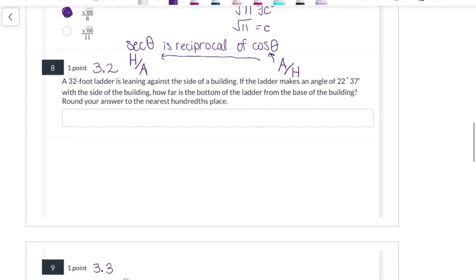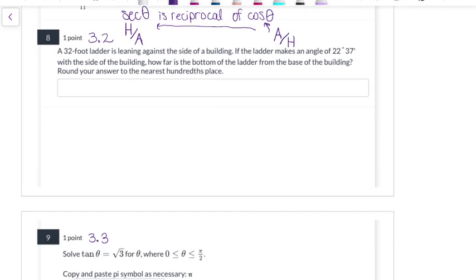Cruising right along. We have a ladder. You get to see my awesome artistic abilities here, very much sarcasm. Here's the ground. Here's the building that it's leaning against. Put some windows in there. Aren't they beautiful? The ladder is 32 feet.